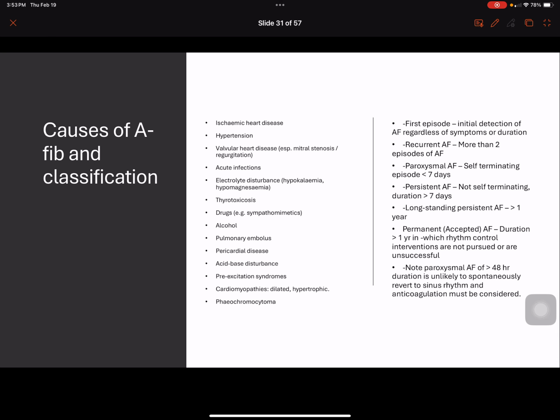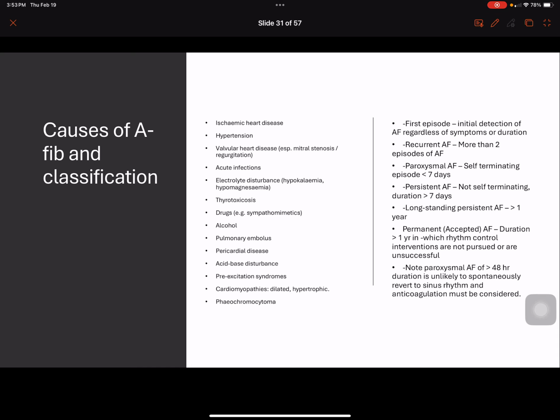We've talked about some of the causes like fluid overload, but also valve disease, hypertension, acute infections, electrolyte imbalances, particularly low potassium and low magnesium, and thyrotoxicosis, this is thyroid storm, can cause AFib.